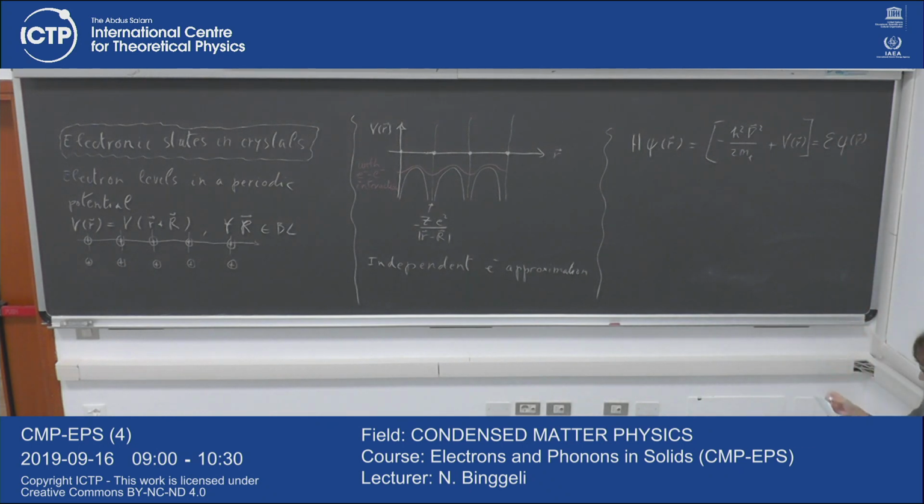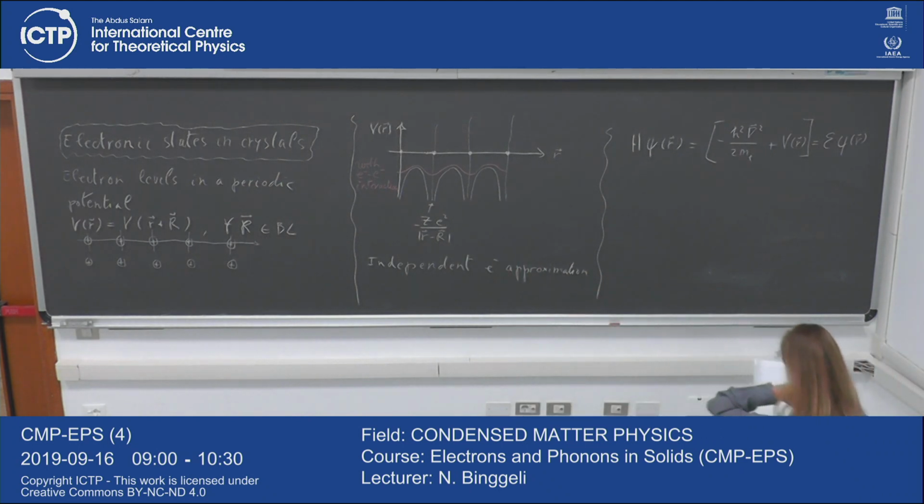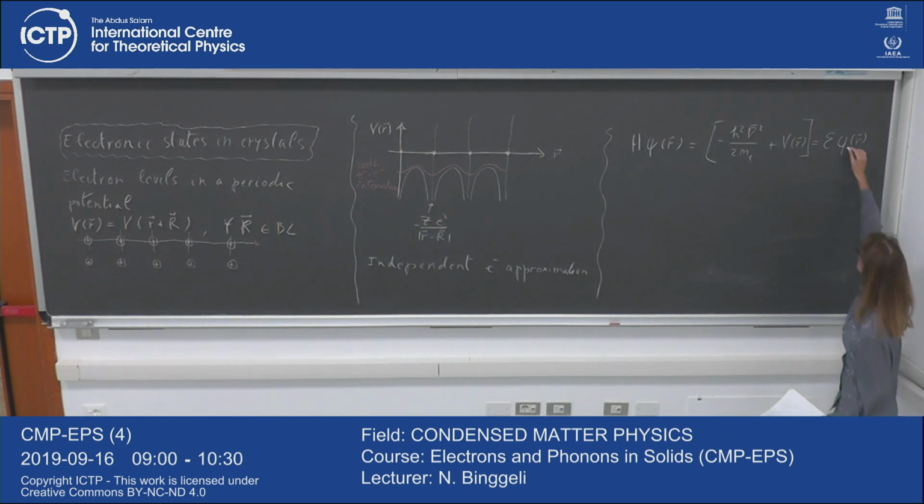So I will solve the one electron Schrodinger equation with the crystal potential, which has the periodicity of the Bravais lattice of my crystal.